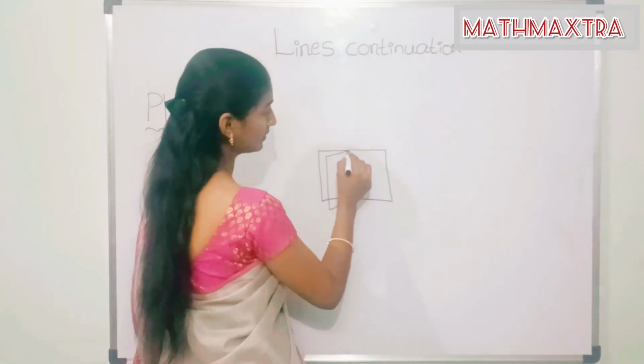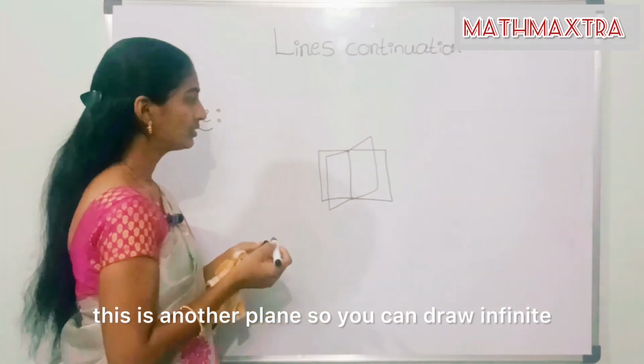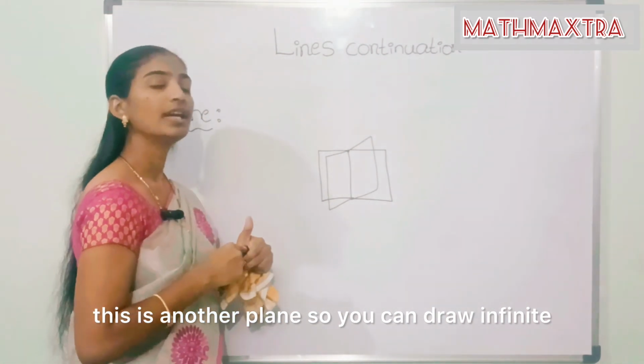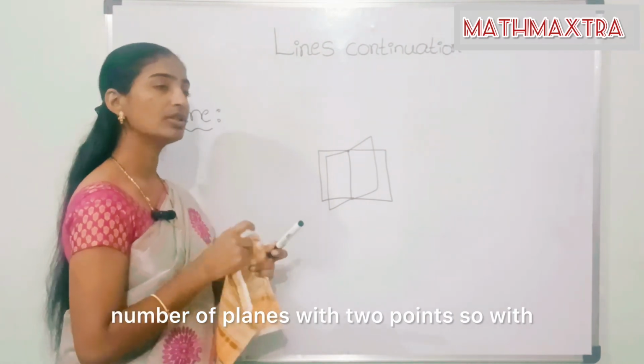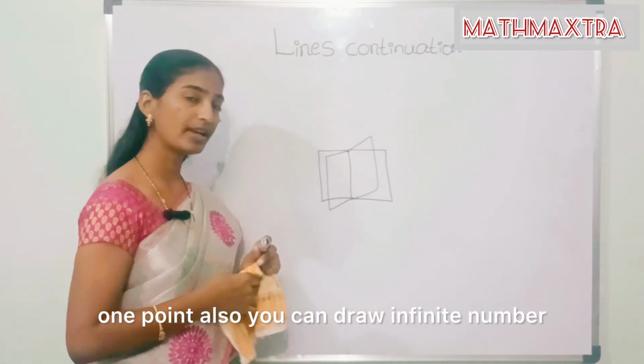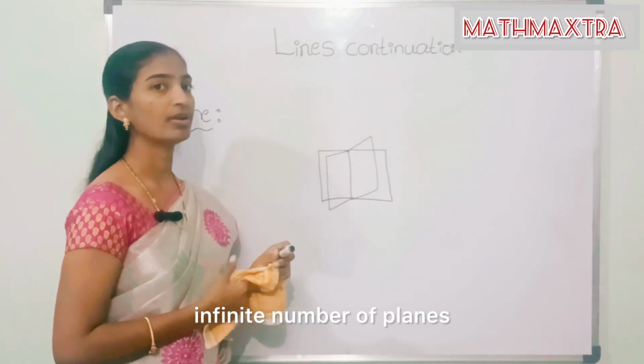This is another plane. This is another plane. So you can draw infinite planes with 2 points. So with 1 point also you can draw infinite planes, and with 2 points also you can draw infinite planes.